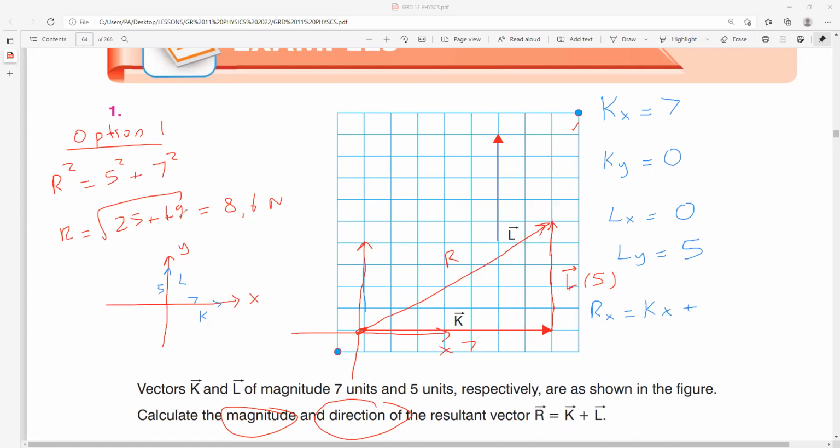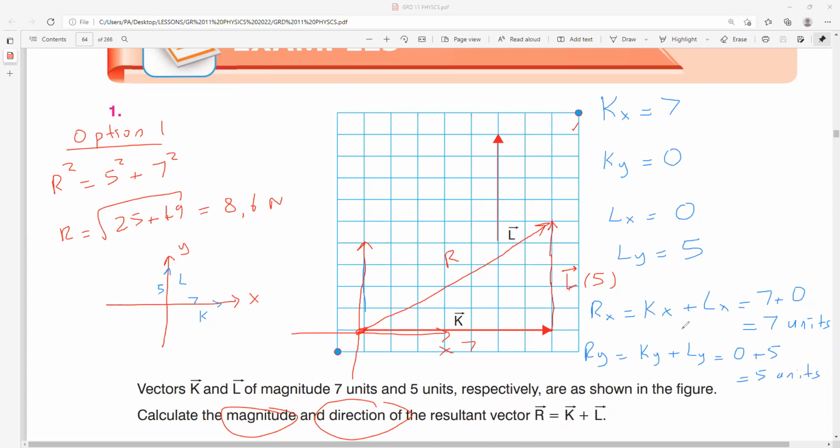You can say it was easy, why are we going the long way, but for other questions we are going to use this one, people. Our Kx plus Lx. So Kx is 7, Lx is 0, and then Rx is 7 units. Next one, Ry. Ry equals Ky plus Ly, and we have 0 plus 5, getting 5 units.